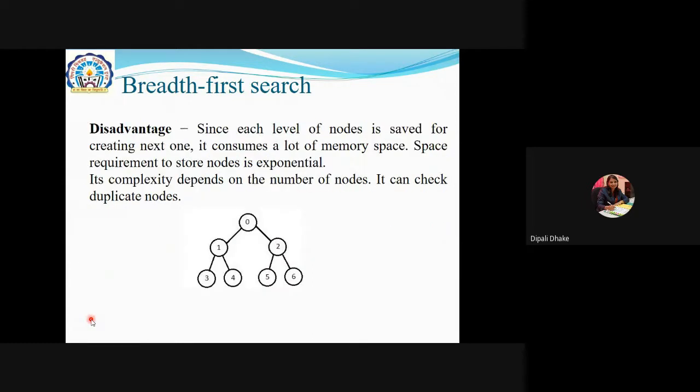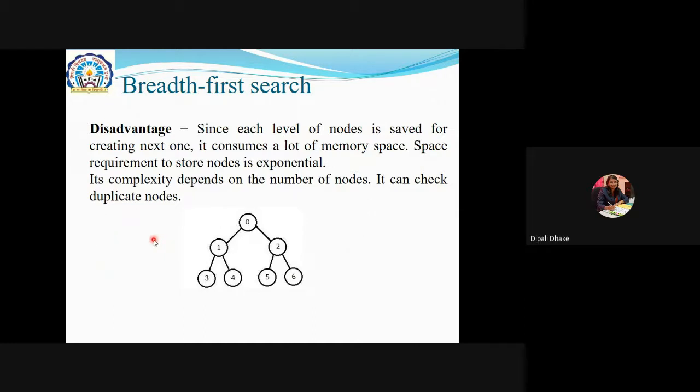So we have some disadvantages of this method, BFS. Since each level of nodes is saved for creating the next one, it consumes a lot of memory space. The space required to store the nodes is exponential. The complexity depends on the number of nodes, and it can check duplicate nodes.